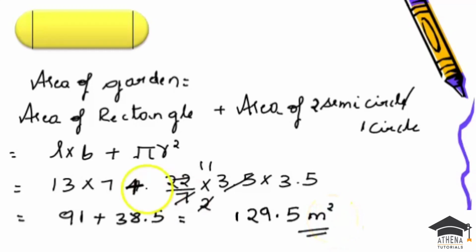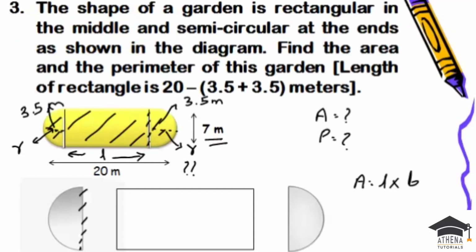Now let's find the perimeter. So to find the perimeter, we can't break the diagram. Why? Because we can't individually find. So let me take the example of this rectangle. What is the perimeter of rectangle? It is the outer boundary, right? If we add perimeter of this rectangle and semicircle, this part will be included, right?